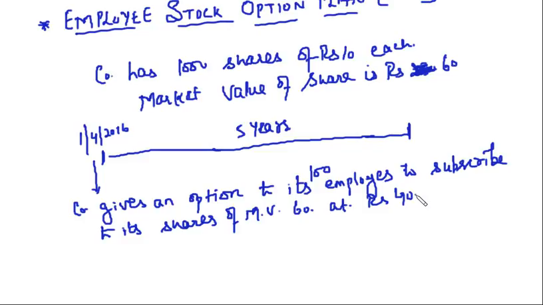Clear? So this is the employee stock option. That is an option being given by the company to the employees to subscribe to its stock. Stock means shares, right? After a certain period of service at a value which is less than the market value. Clear?